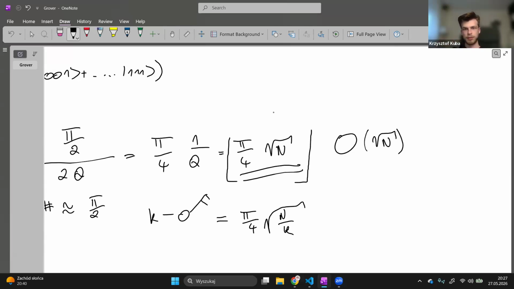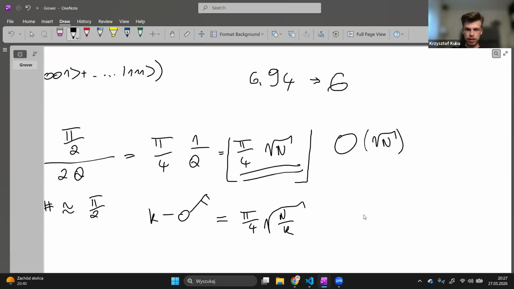This means that if you see something like, let's say 6.23 or even 6.94, you should round it down to 6. So you should do 6 iterations. And this is for the single Grover in the case when you have only one key.